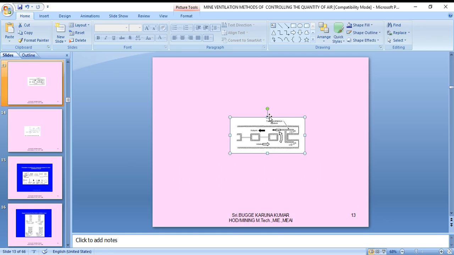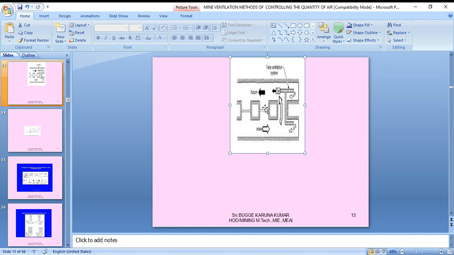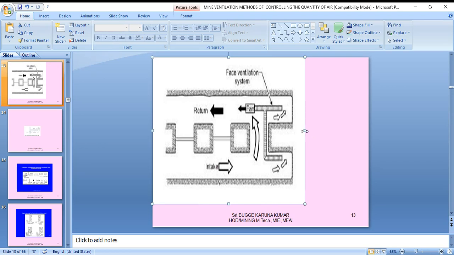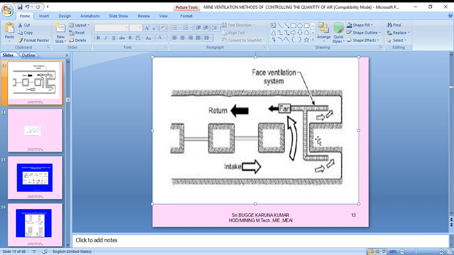One more sketch figure I'm showing here. You can easily understand. Here the intake air will come to this side and split. There are two faces.